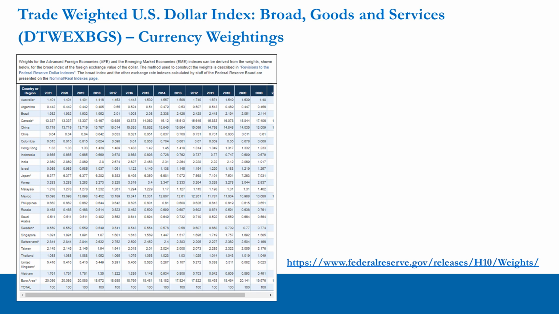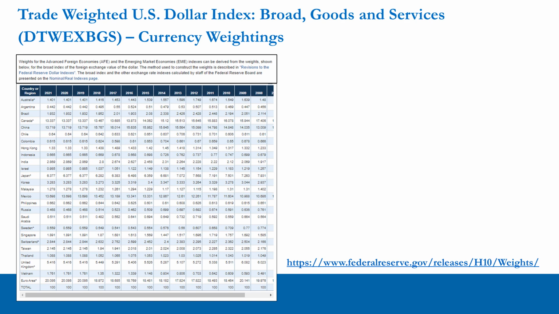That's for the Broad Index. For the Advanced Foreign Economies and the Emerging Markets Economies Index, you can get the weights if you follow the links to revisions to the Federal Reserve dollar indices. But you can use these as a guide for AFE and for EME as well.